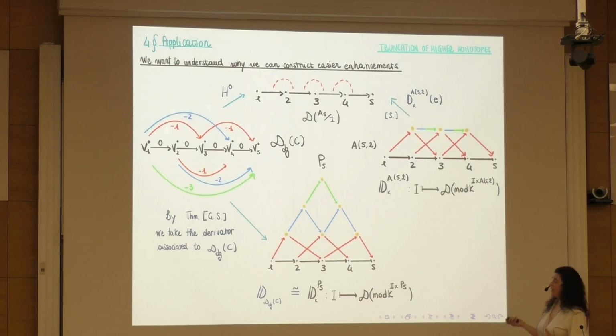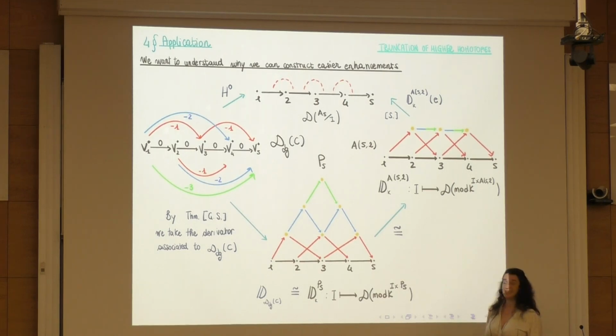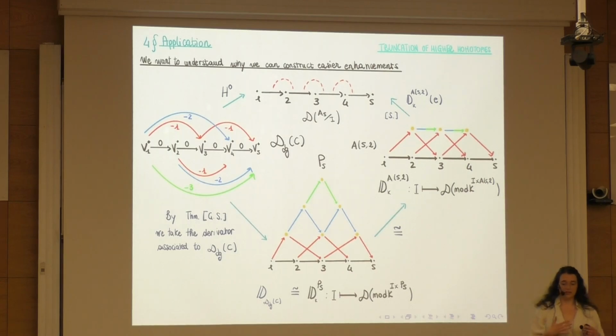But at the level of derivators, what it turns out to be is that this enhancement, this derivator, is actually equivalent to the one I introduced first. Okay, what does this diagram say? So, the colorful arrows are what we call in homotopy theory higher homotopies. Higher homotopies are what encode all the data that you need in order to have well-defined functors and objects up to homotopy.